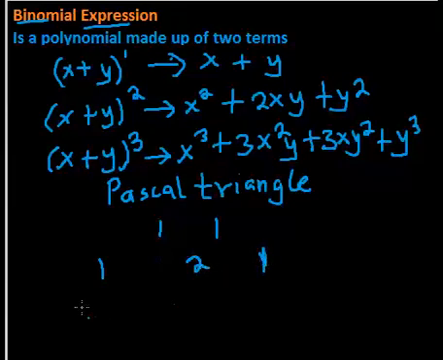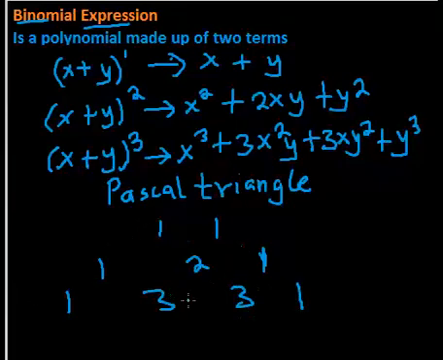Then it also increases again to 1 3 3 1. I'm looking at the coefficients now. 1, 3, 3, 1. So as you can see, it is in the form of a triangle, all right?